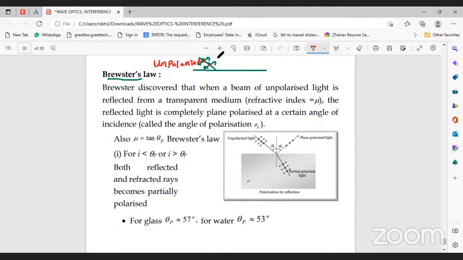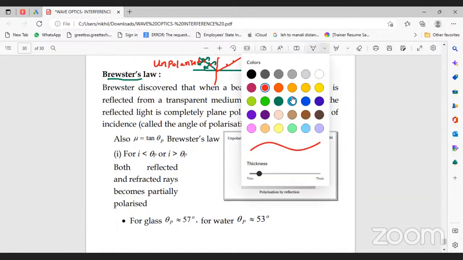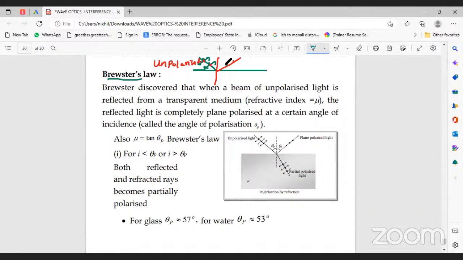Now I'm going to draw one normal here. After the normal, you can see that the reflected ray is completely polarized. If the reflected ray is completely polarized, then the angle of incidence, that is theta p, is called the polarizing angle. What is theta p called? The polarizing angle.